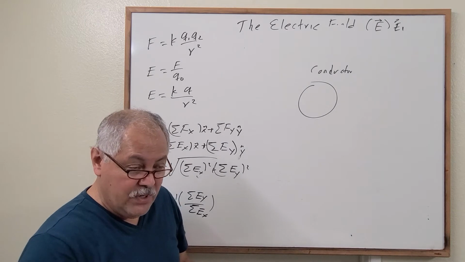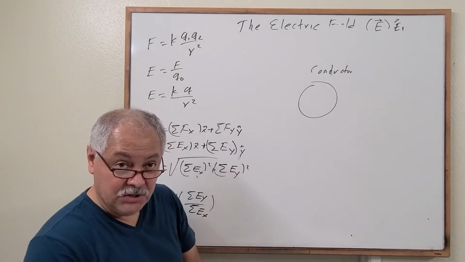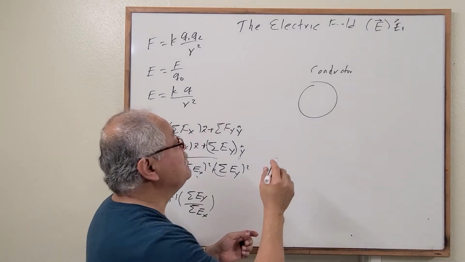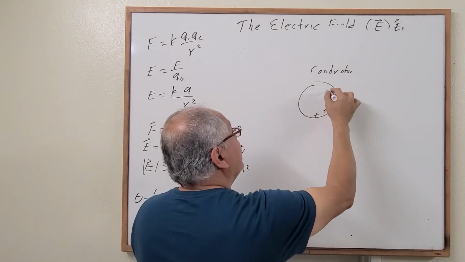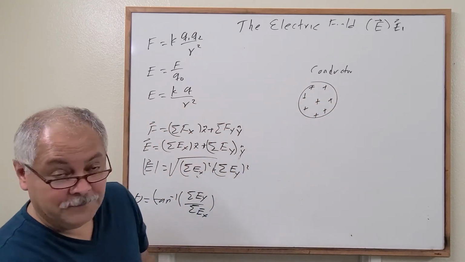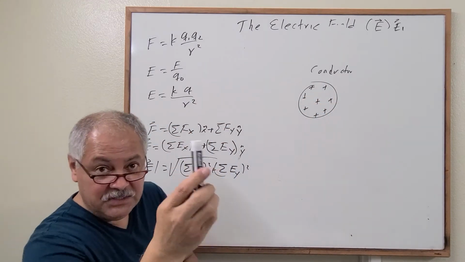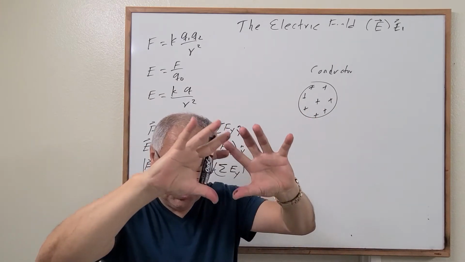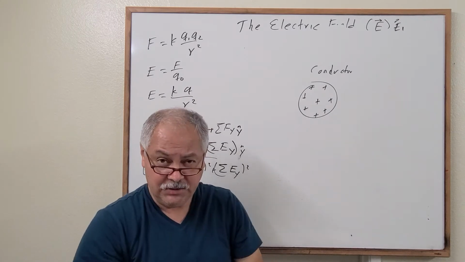What happens if we charge this conductor, say by contact? Well, the charge is distributed, right, uniformly through the sphere. We touch it and we charge it. So the charge covers all the surface of the conductor.